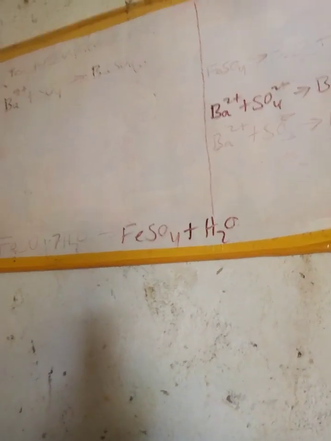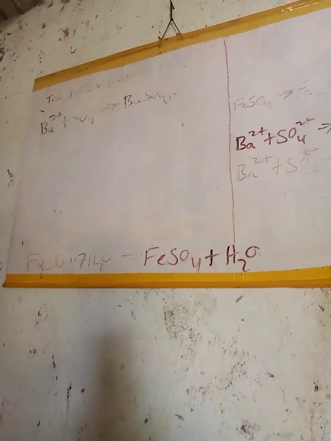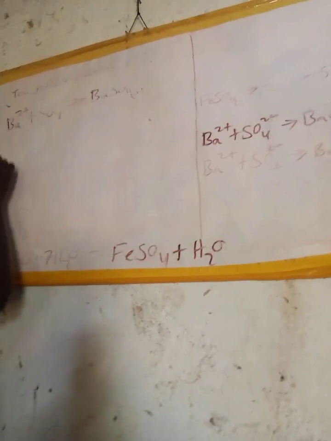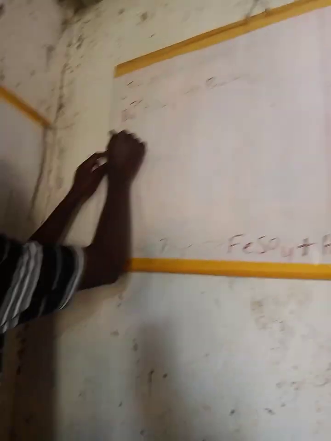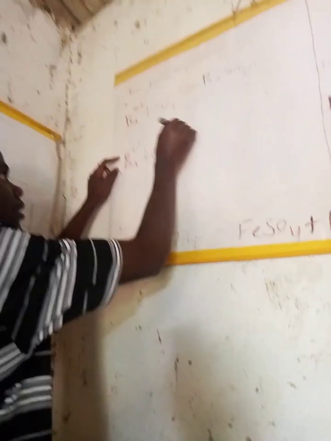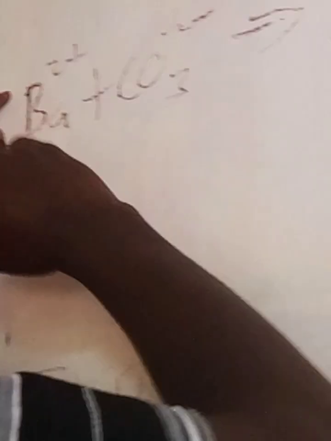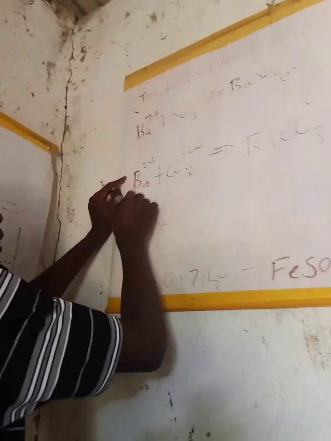Barium ion plus carbonate ion forms barium carbonate, which is a white precipitate.